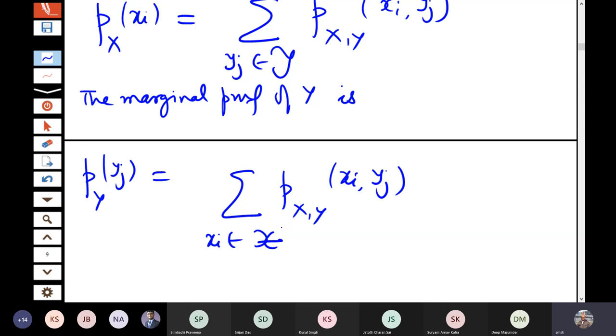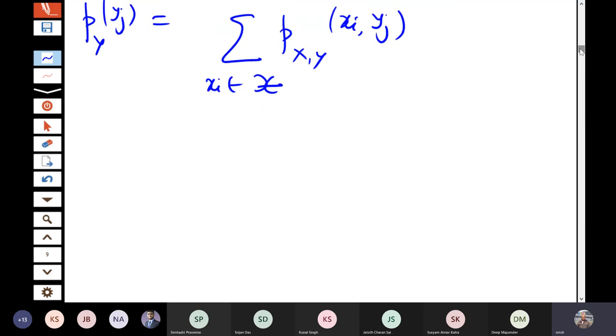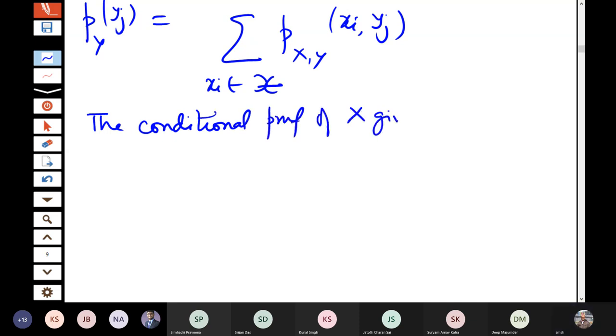From here, you can also consider conditional probabilities. What is the meaning of conditional probabilities? We can consider the conditional probability mass function of x given that y is equal to y_j.